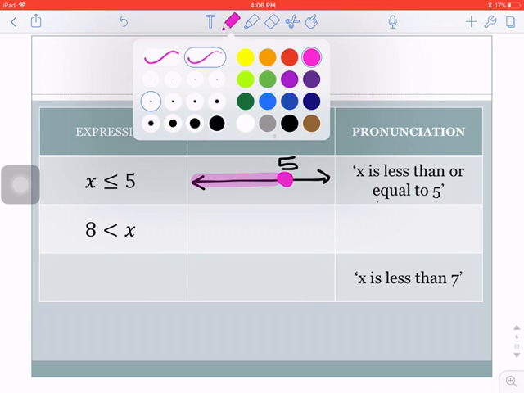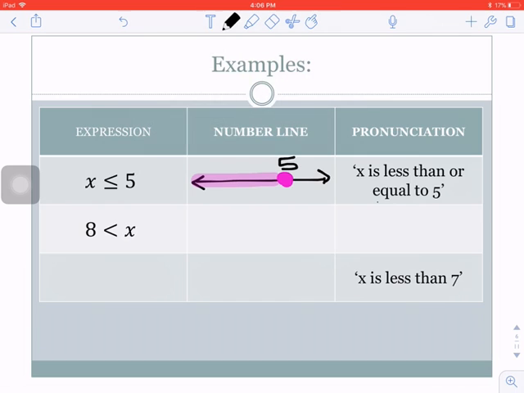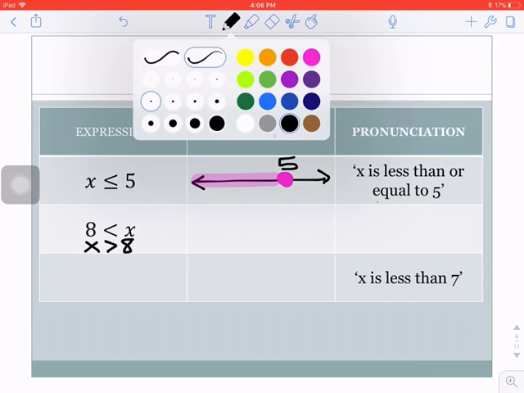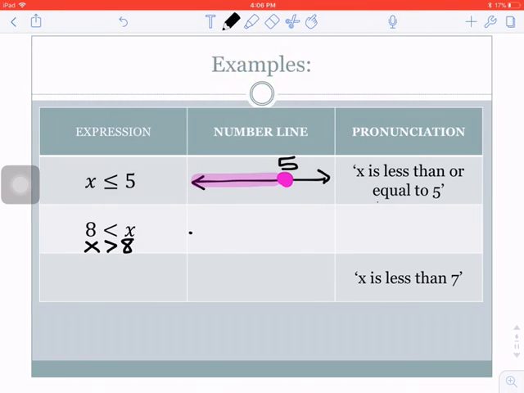All right, so let's do this again, but this time for this one here, 8 less than x. So x is greater than 8. Either way, you can represent that, whichever one helps you see. All right, so here's our number line. And let's write 8.